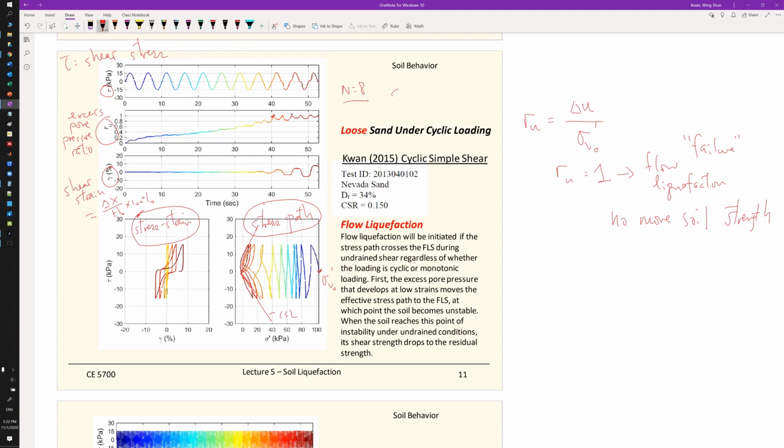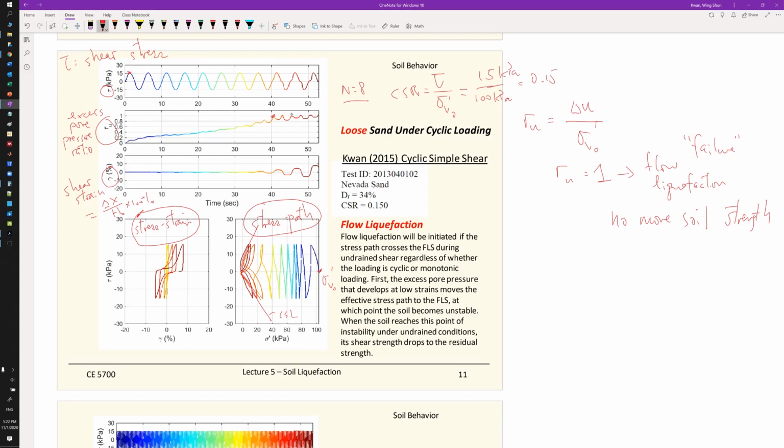and the CSR, cyclic stress ratio, is equal to the input shear stress divided by the vertical effective stress. And we know that the vertical effective stress for this case is 100 kilopascal. And the shear stress here is 15 kilopascal. So it's 15 kilopascal divided by 100 kilopascal. So we got 0.15.